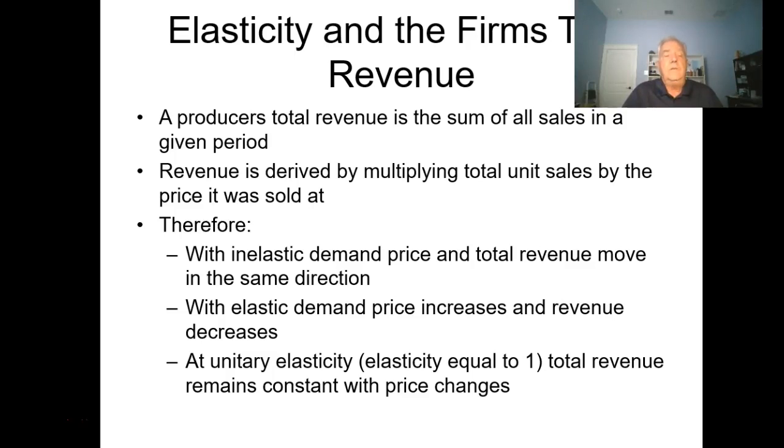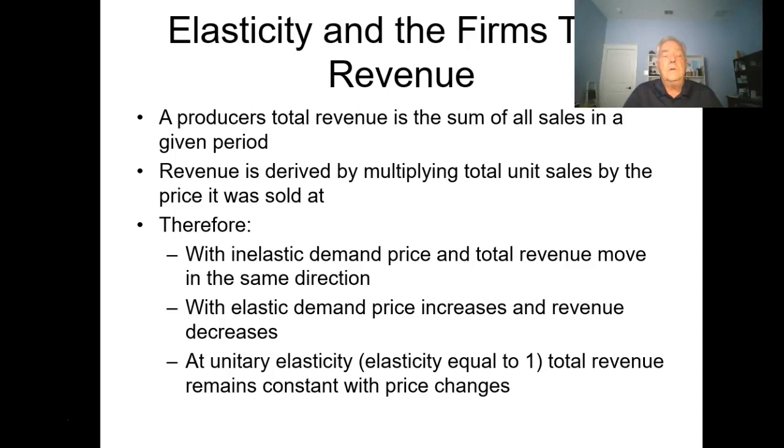For instance, the first example, inelastic demand, the price and total revenue move in the same direction, right? With elastic demand, price increases, revenue decreases. Unitary elasticity is where the firm wants to be. No matter what he does to prices, he still makes the same amount of money.